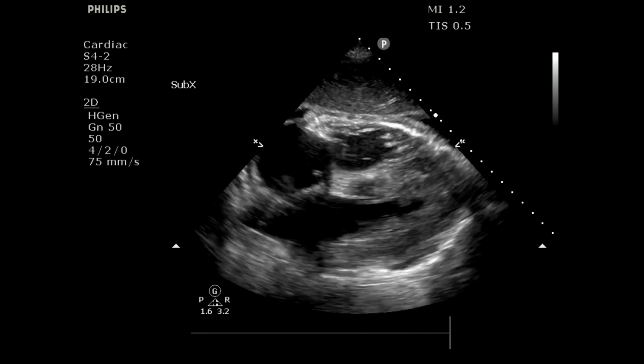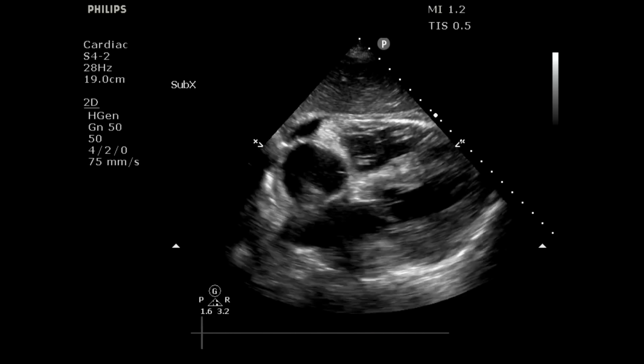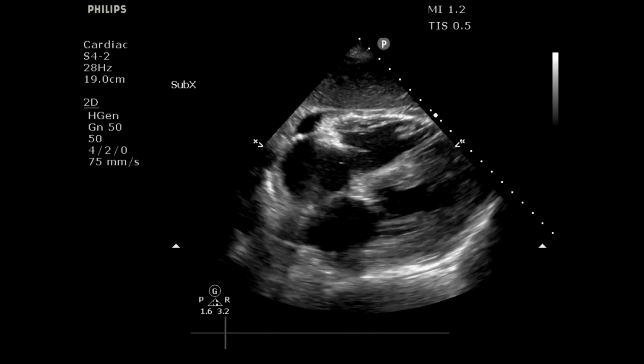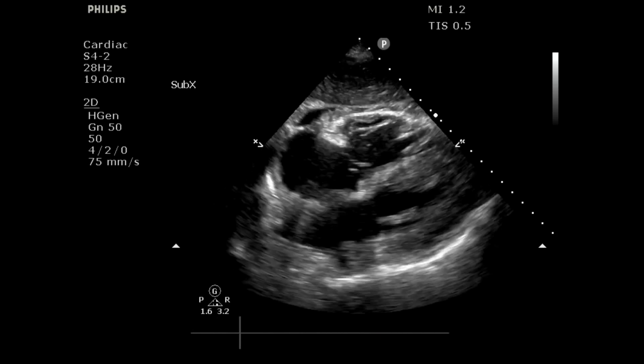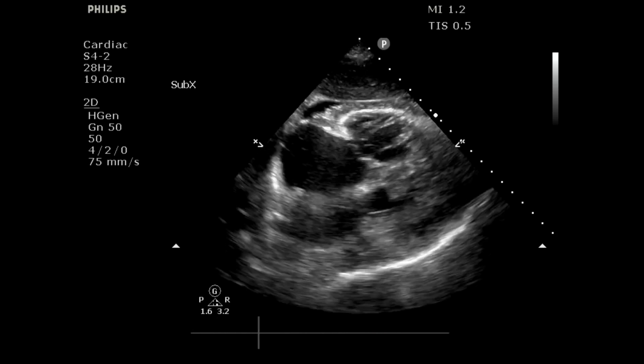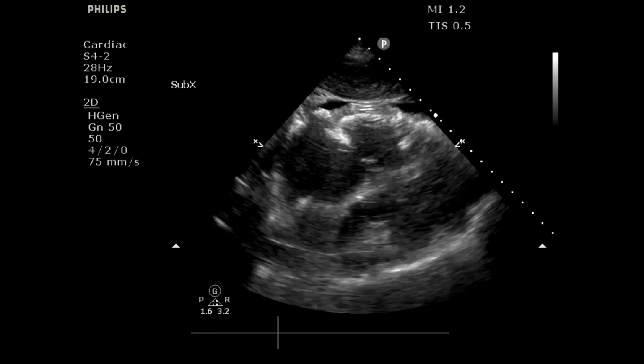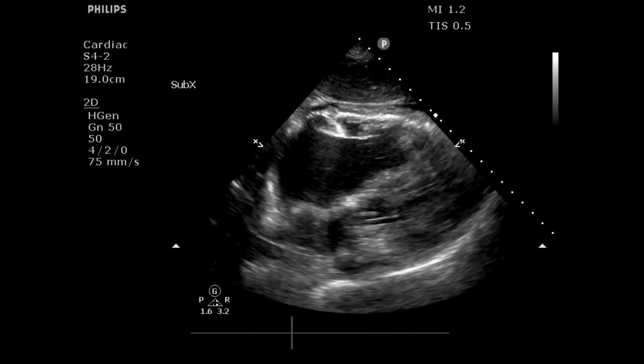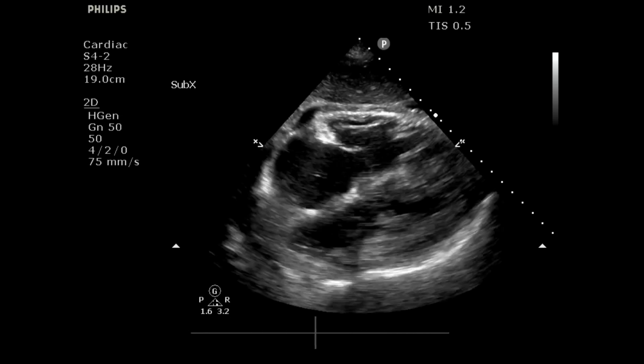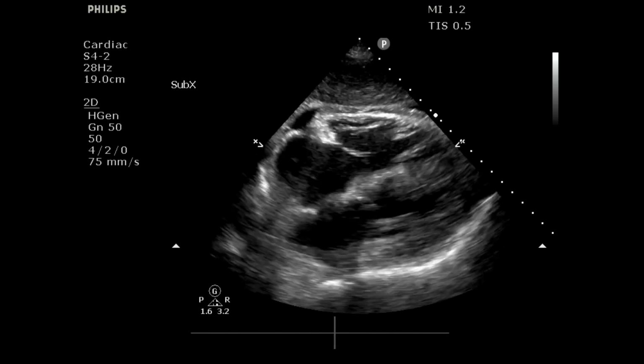And the way to measure an effusion is, is it present in complete diastole, when the heart is as full as it gets, is that thing still there? And in diastole, I don't really see a ton. And so there may be some trace pericardial fluid, but I'm certainly not going to call a significant or concerning effusion in this patient.